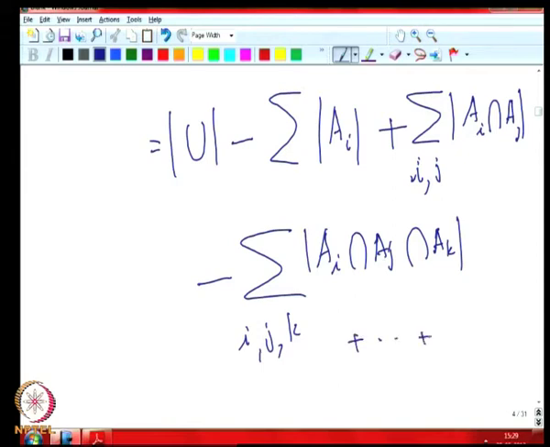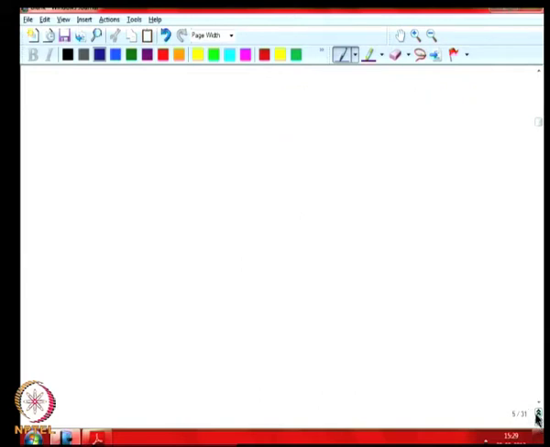Finally, it's minus 1 raised to t, the last one, A1 intersection to At. This is what we should estimate. This will be the answer, and the cardinality of U is N.